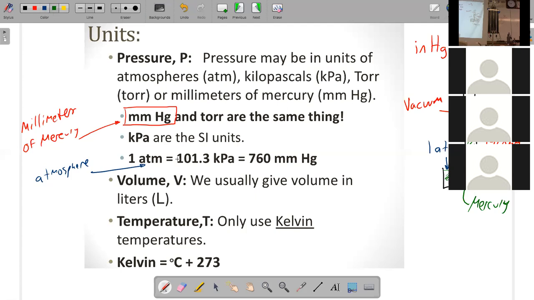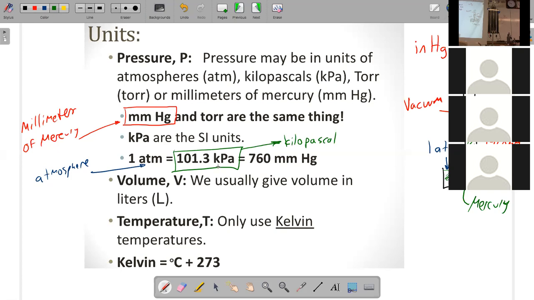And then this other unit here, something you've never worked with before, kPa. So k is the prefix for kilo, just like you can have a kilometer or a kilogram, and then Pa stands for Pascal.